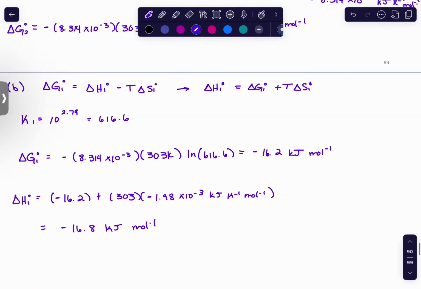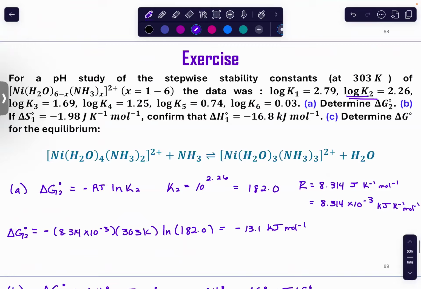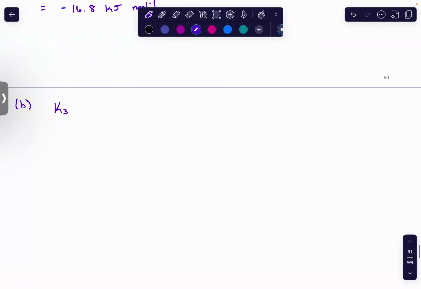Now, if it's K3, that makes it pretty easy. Okay, what do we have? Log K3 is 1.69.